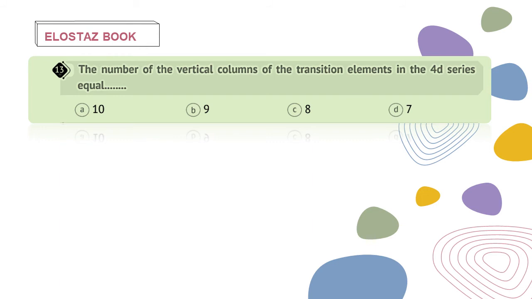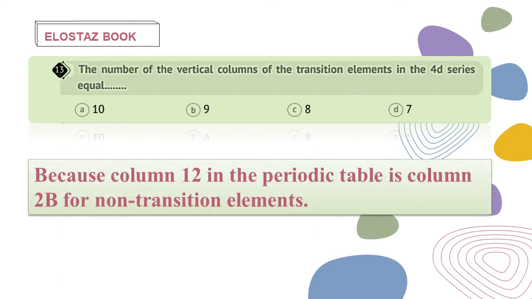If we discuss the answer, column 12 in the periodic table is the column of 2B, and it's one of the non-transition elements. Non-transition element means that it will not contain group 9. So the right answer here will be 9.